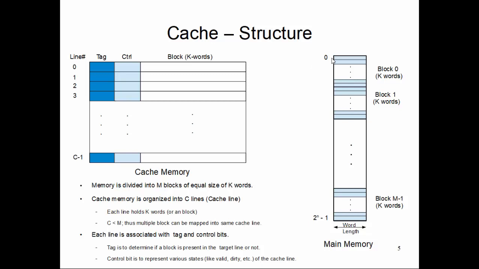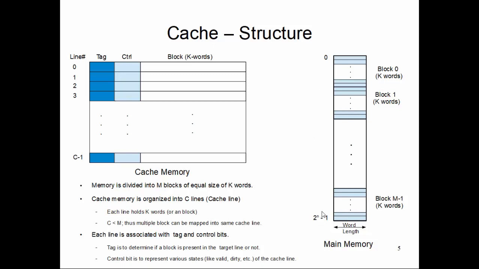Let's assume that this memory, what the processor is seeing, is a word addressable memory, just to make our life simple in understanding. So each address contains one complete word, and there are 2 to the power n words.